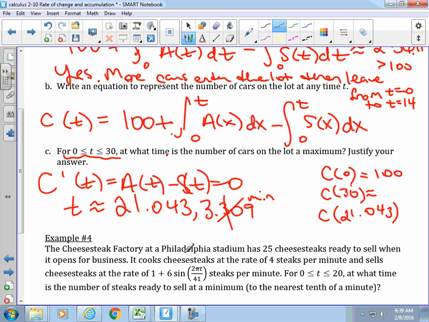If I were showing my work on a real AP problem, that's probably how I would show my work. Show that C prime equals 0 at those two places, but that's a relative minimum. And then my justification as y'all are working on that is going to be by a candidate's test.